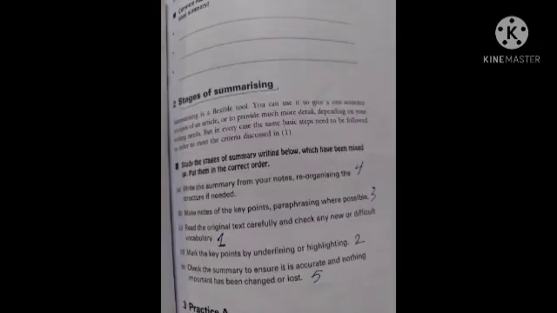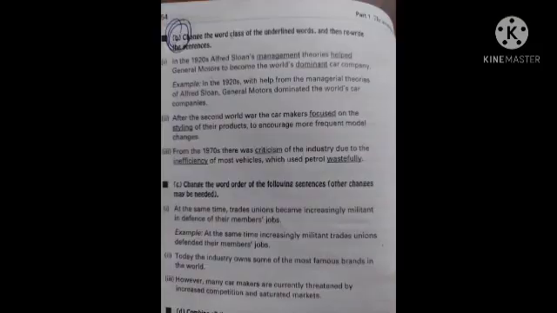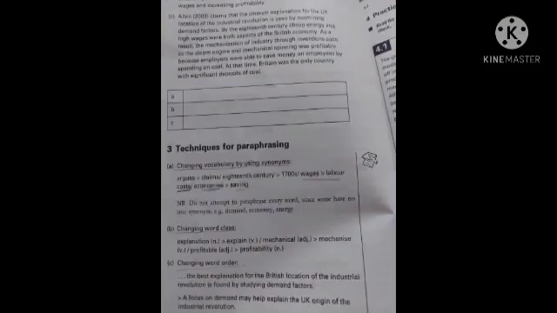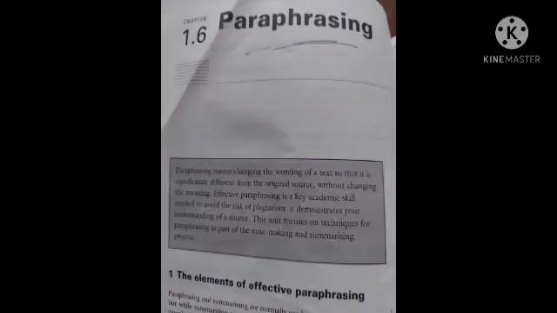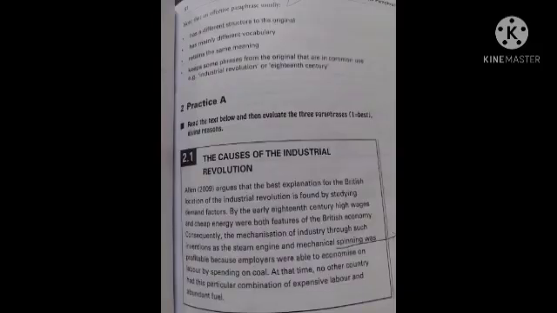Okay, so let's move to summarizing, which is the second and last part of this lecture. Making oral summaries is a common activity, for example, when describing a film or a book.